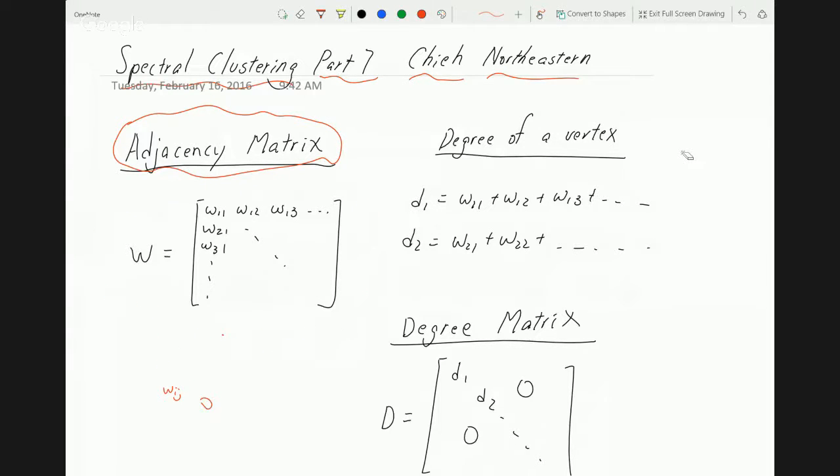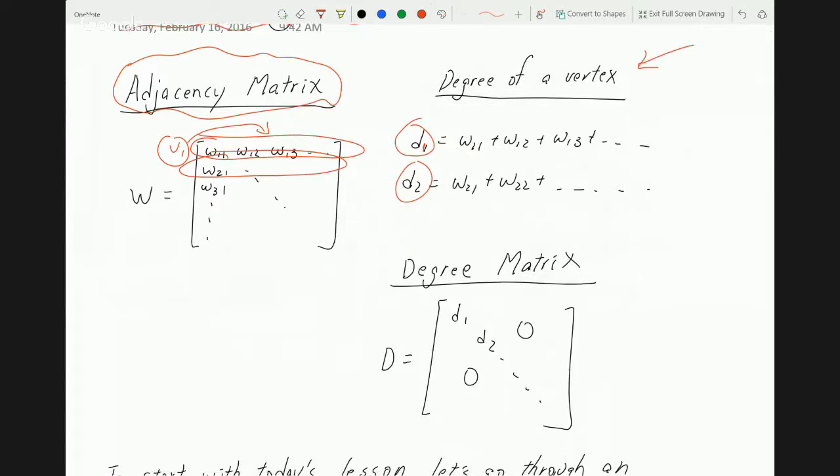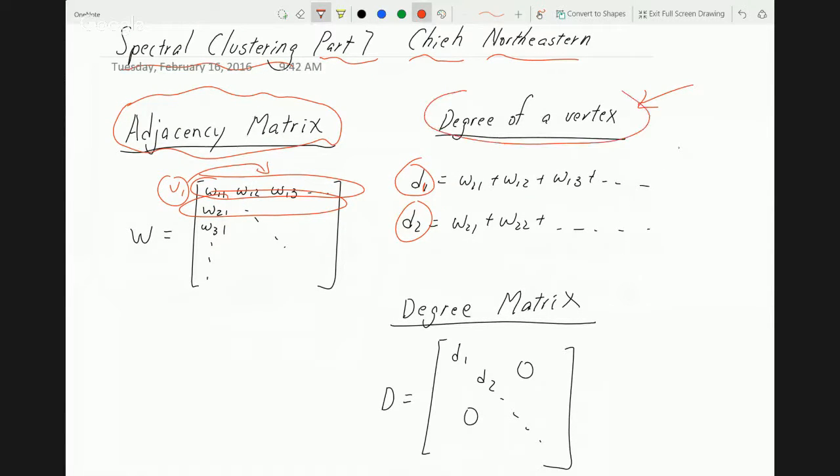We also went over the degree of a vertex. For V1, we sum up the entire first row. For V2, we sum up the second row. So it's essentially the relationship of V1 with respect to every other vertex. That's the degree of a vertex, so that's one single point.